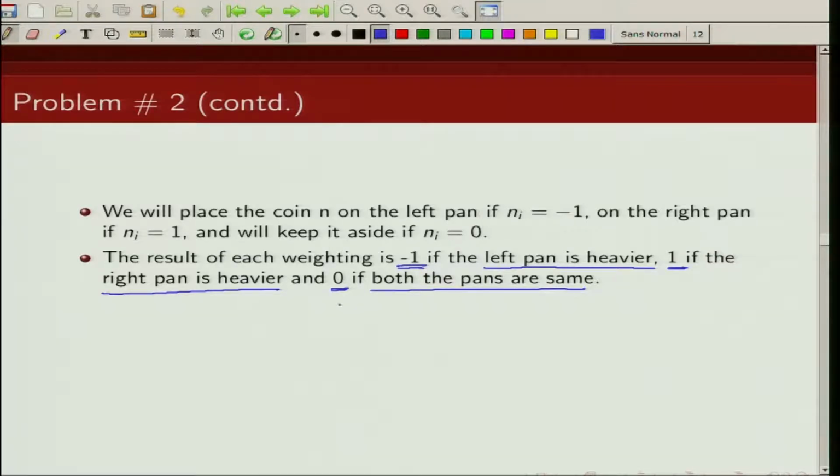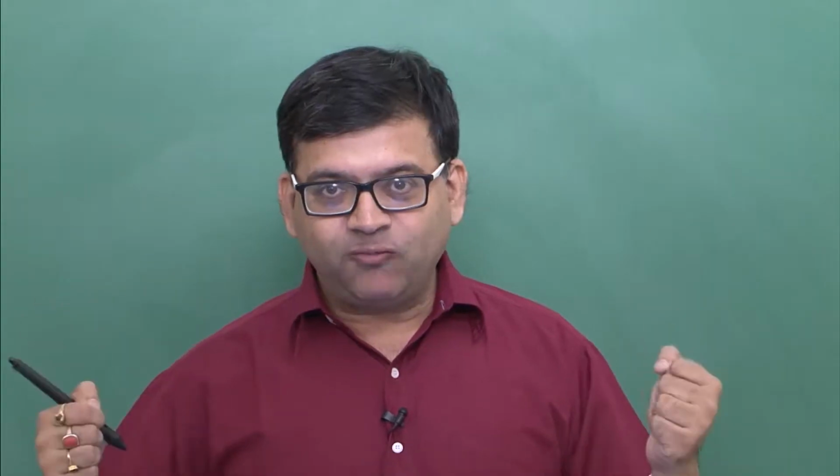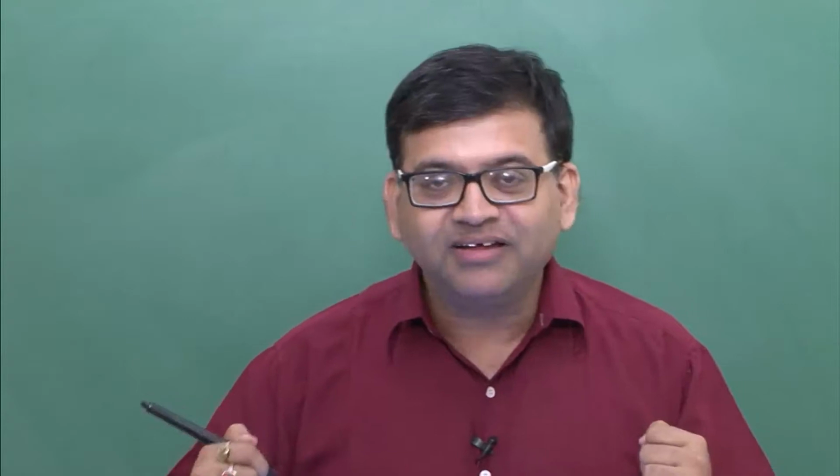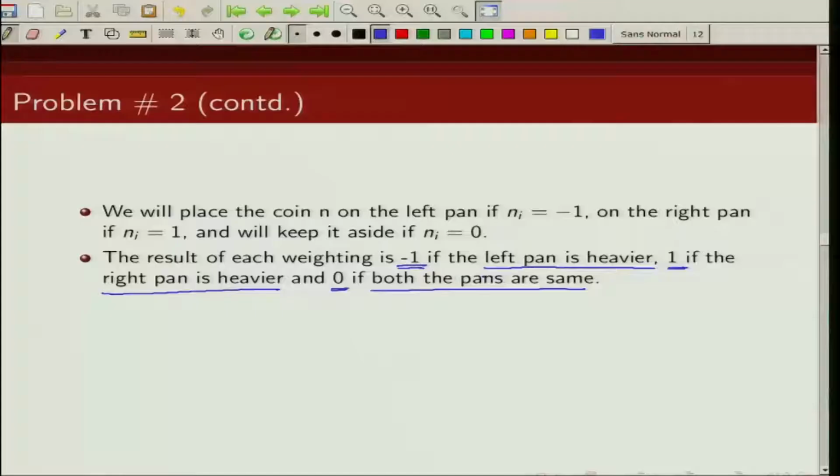So when I weigh them and I find the left pan is heavier, I am going to give a number minus 1. And if the right pan is heavier, I am going to give number 1. And if both the pans are of same weight, I am going to give number 0. This is the result of my weighing.